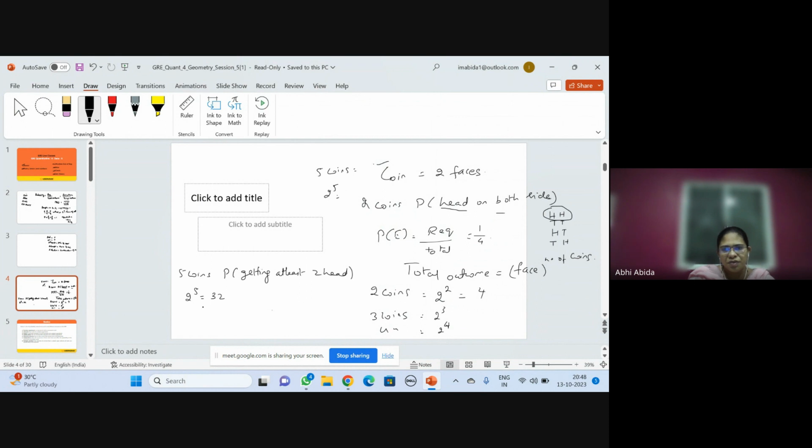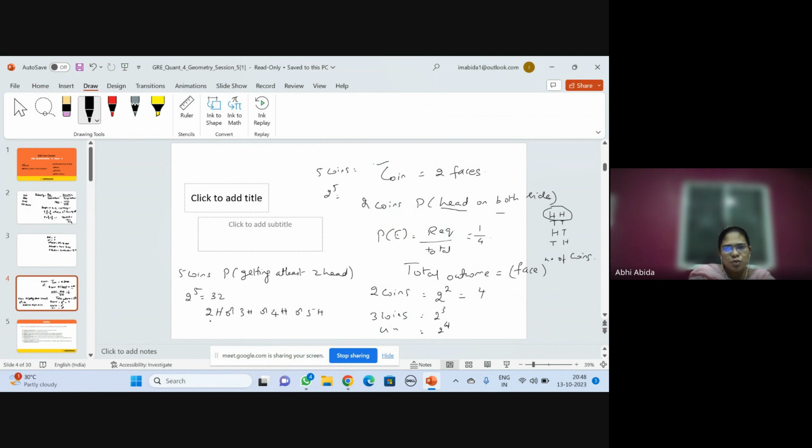So 50% is finished. The rest of the 50% is to find my required outcome. The required outcome should be at least 2 heads. Five coins will have 5 heads, right? At least 2 heads means 2 heads, or 3 heads, or 4 heads, or 5 heads.